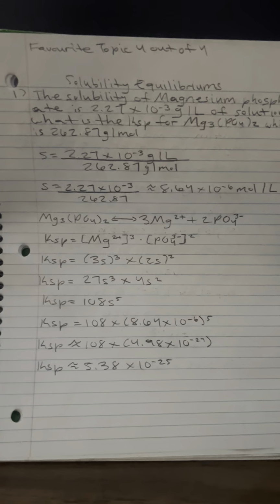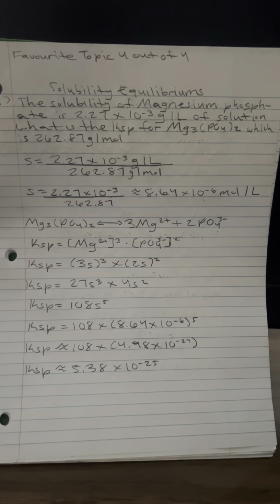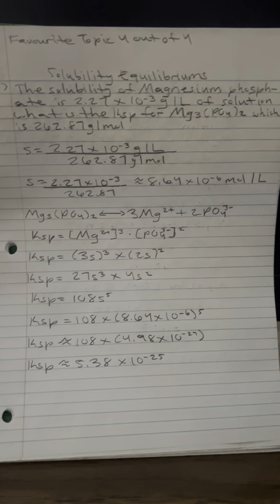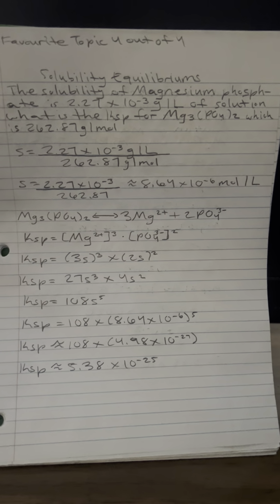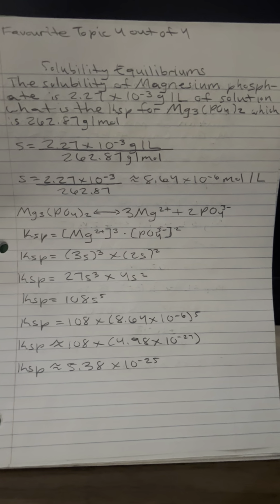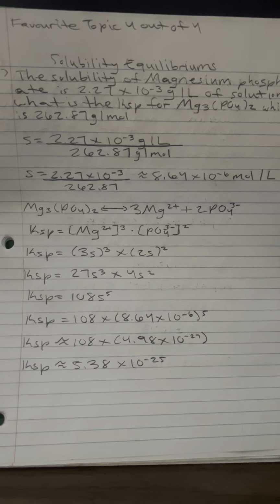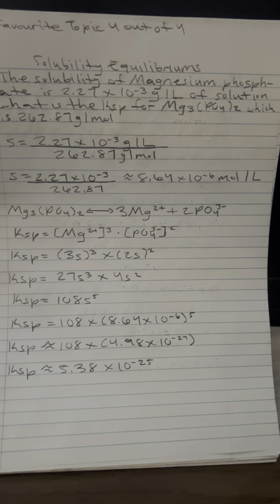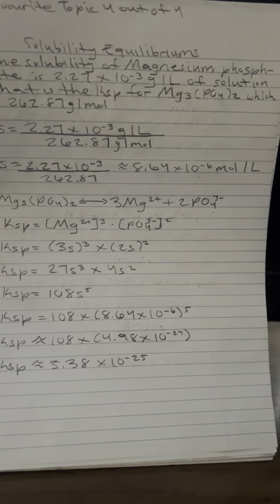So S is equal to 2.27 times 10^-3 grams per liter divided by 262.87 grams per mole, which is about 8.64 times 10^-6 moles per liter.